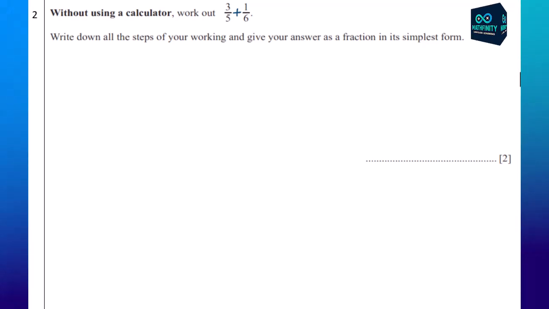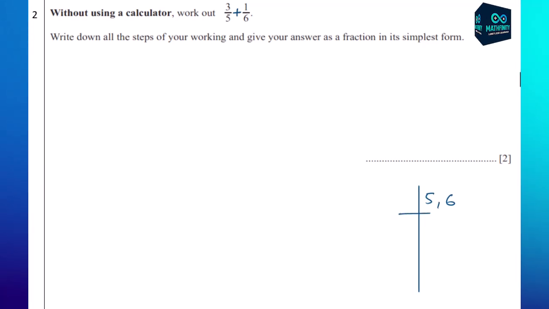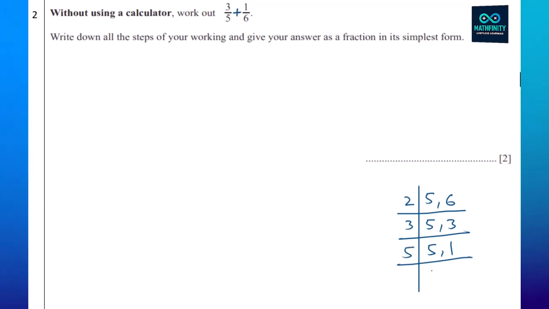LCM of 5 and 6, if you use the table method, 5 and 6. We have to start from the least number, table 2: 5 as it is, and this will be 3, and then 3, 5 as it is, 3 divided by 3, 1, and then with 5, so 1 and 1. When you find out 2 times 3, 6, 6 times 5, 30.